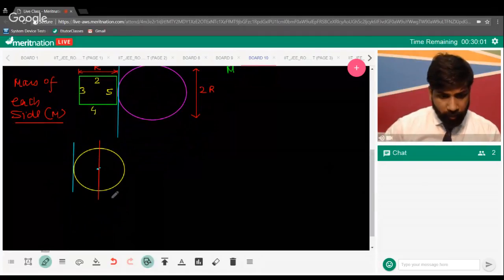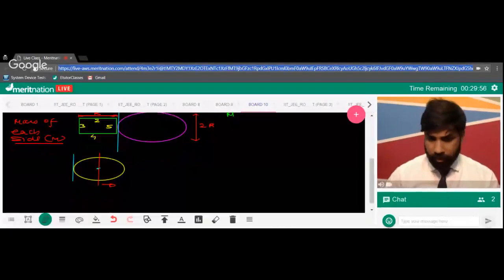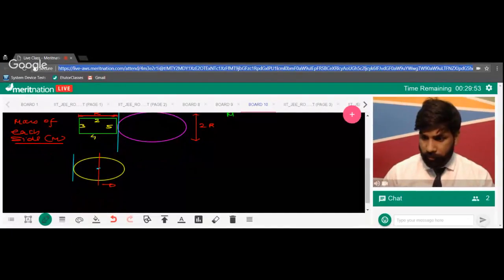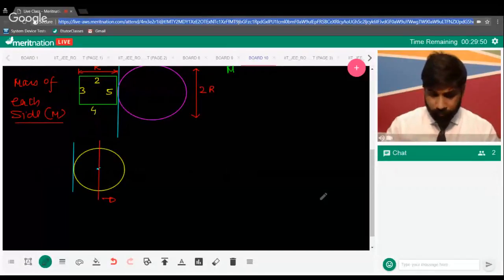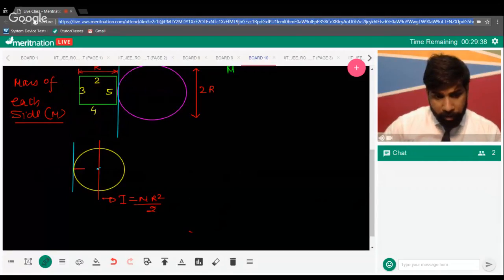About this axis, the moment of inertia of this ring is mr square by 2. And the perpendicular distance between these two axes is what, beta? R, right? The perpendicular distance between them is r.